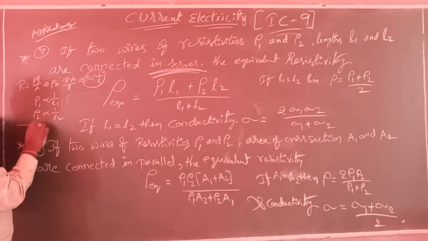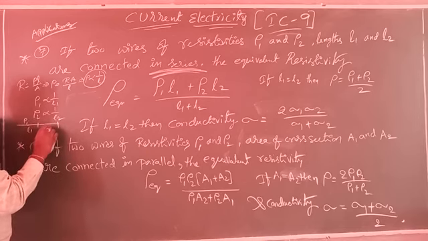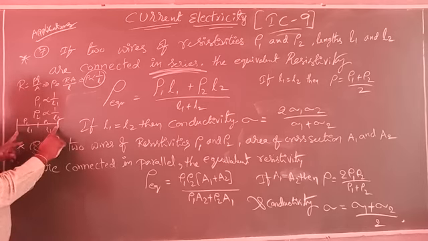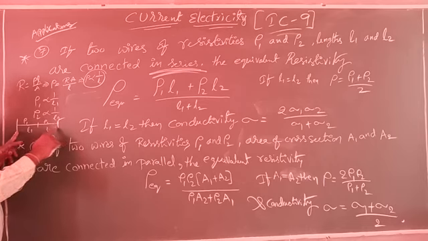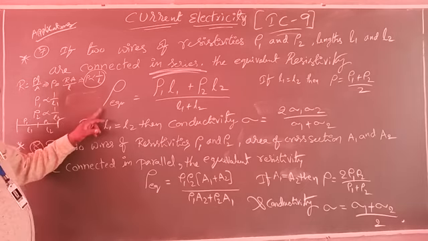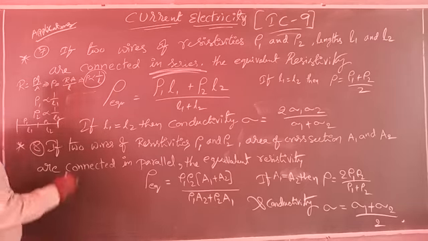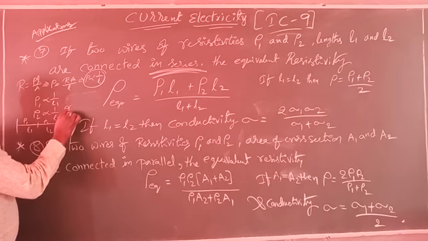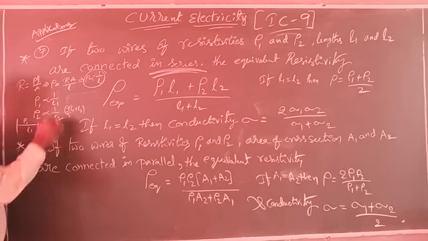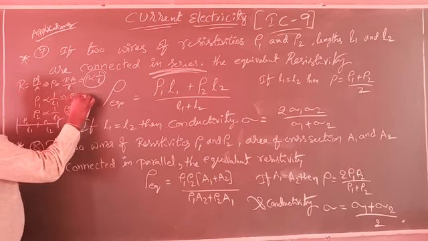So first wire length is L1 with rho 1, and here it is L2 and rho 2. Now from here to here they are asking total equivalent resistivity. From here to here L1, here to here L2, so if you want to add them in series, then what can you write? Rho equivalent into total length L1 plus L2, because for this one rho 1 L1 equals constant.